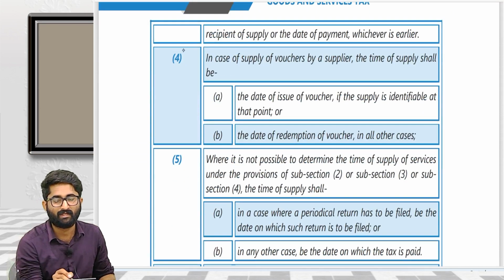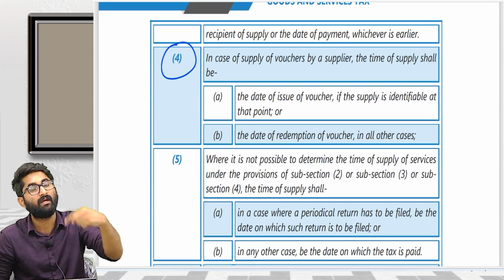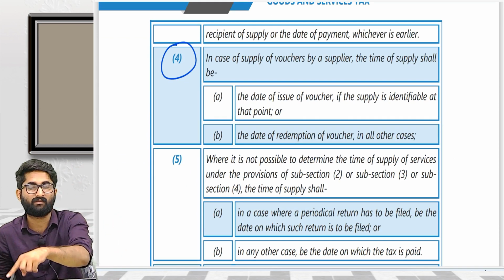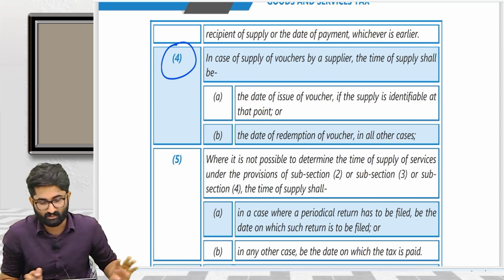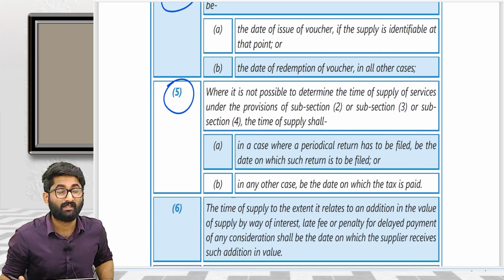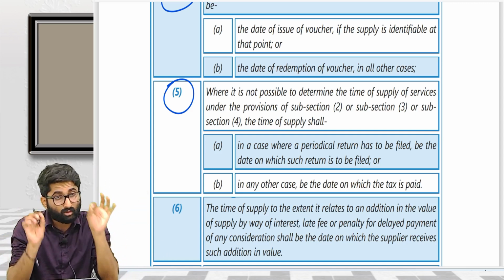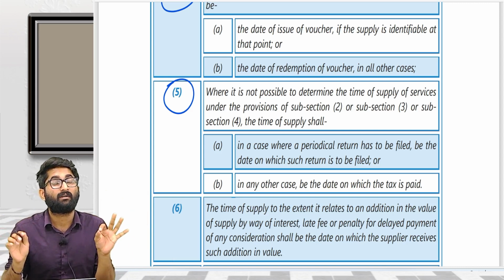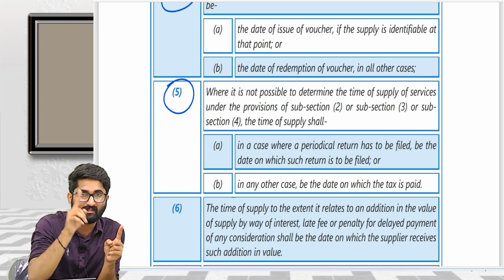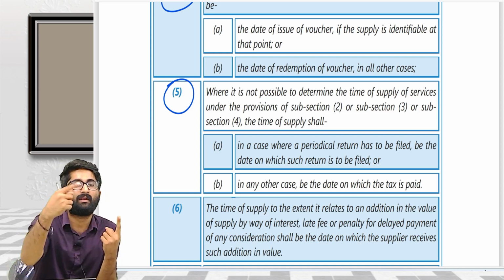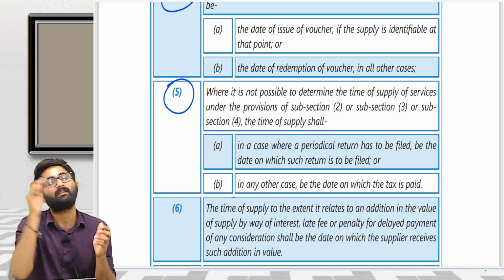Next one, section 13, subsection 4, the voucher case, ditto section 12, subsection 4. If the service is ascertainable, then the date of issue of the voucher. If the service is not ascertainable, then the date of redemption. Section 13, subsection 5, residual cases: if it is not possible to determine the time of supply of service as per section 13(2), 13(3), 13(4), then if you are liable for filing the return, the date of return; if you are not liable for the return, then the date of payment.